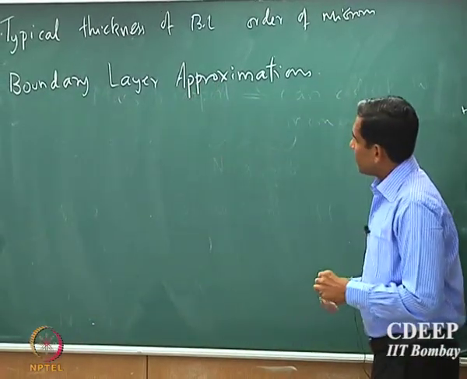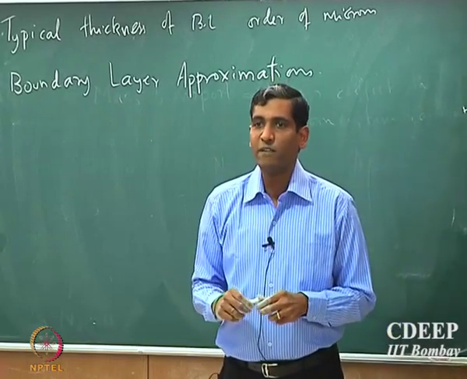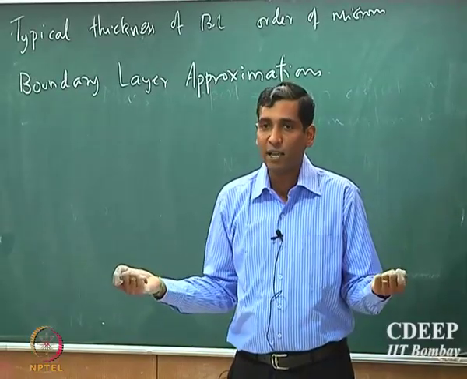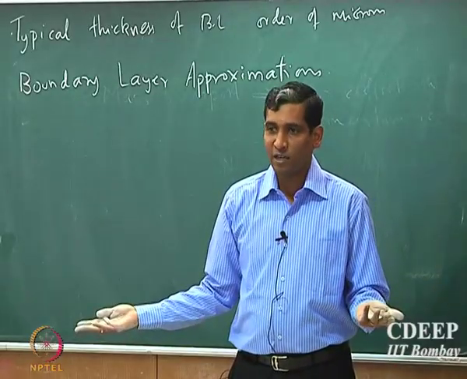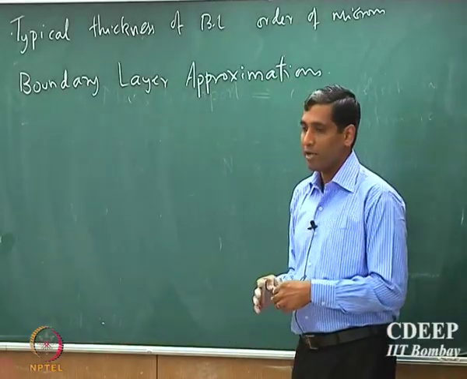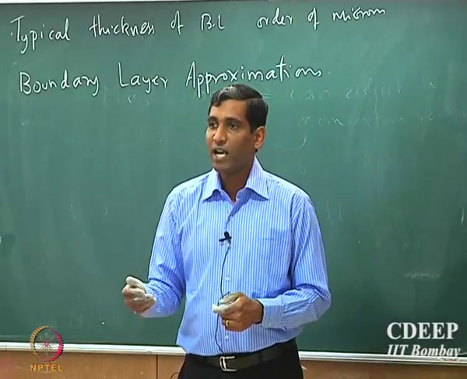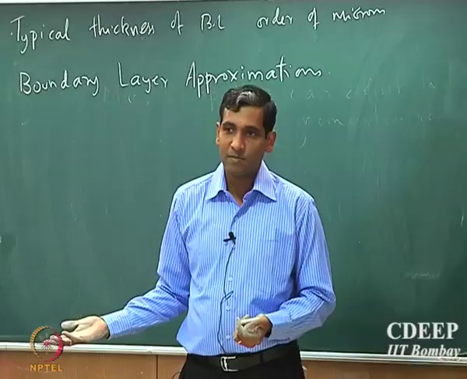So the boundary layer approximation, okay, so supposing we know that there is so much disparity in the length scale of the boundary layer compared to the actual length of the system that you are looking at, one could make certain approximations. Note that these are approximations, and we make them so that we can get some insight as to what is happening in this problem. Okay.